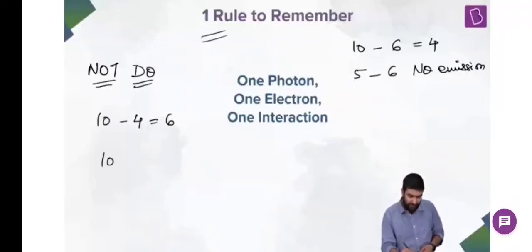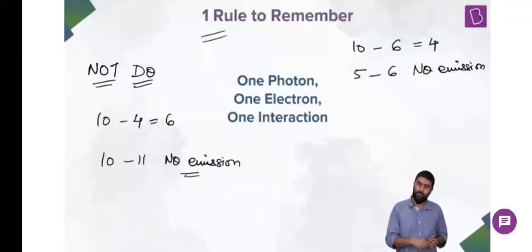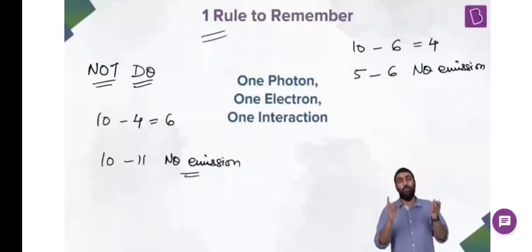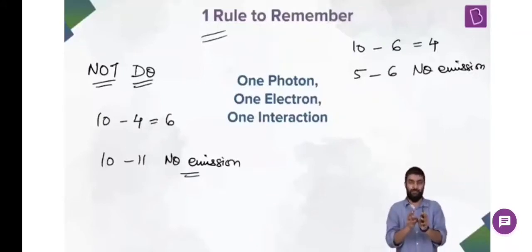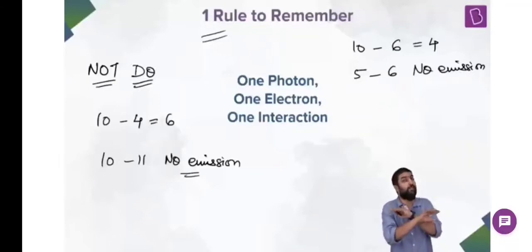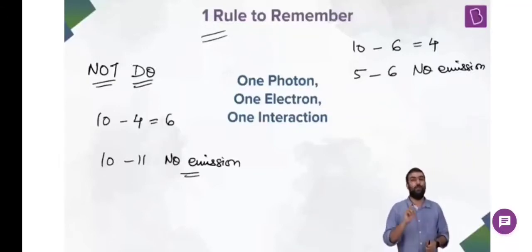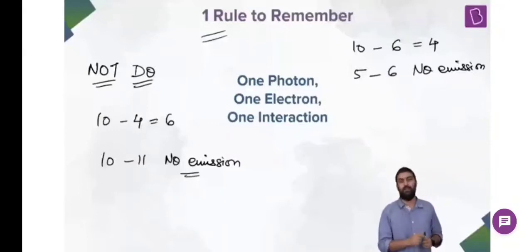Let's say we did not have any emission. The point over here is that two photons will not combine their energy, become 20, and provide it to a single electron. This will not happen because we have one photon, one electron, one interaction.